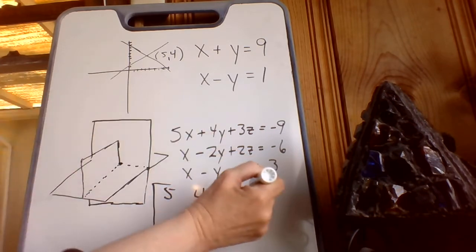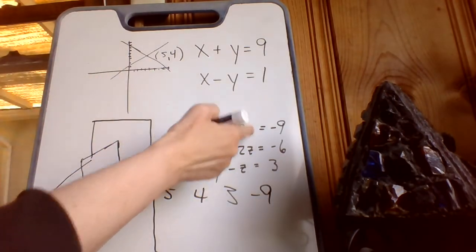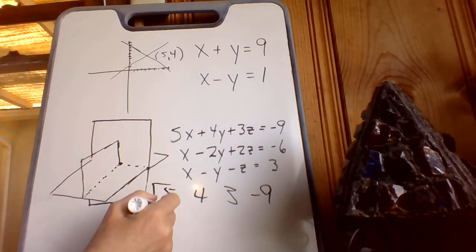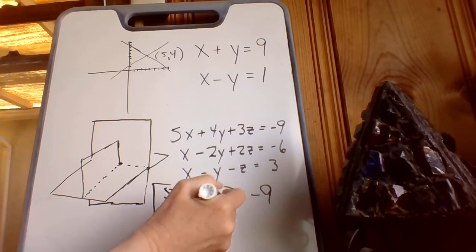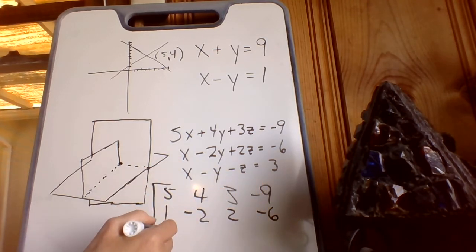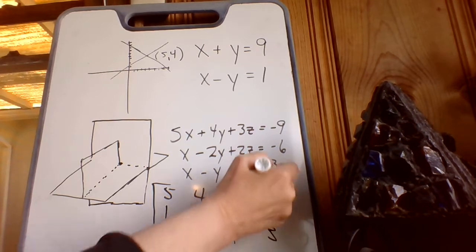There's the 3. And there's the -9. Now, I don't need to write the equal sign. I've got to keep the negatives. It's got to know about that. That's got to be +1, -2, +2, -6, 1, -1, -1, 3.